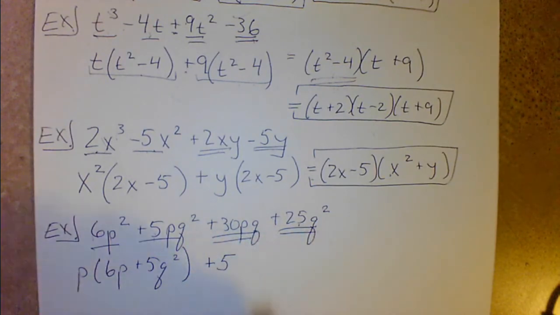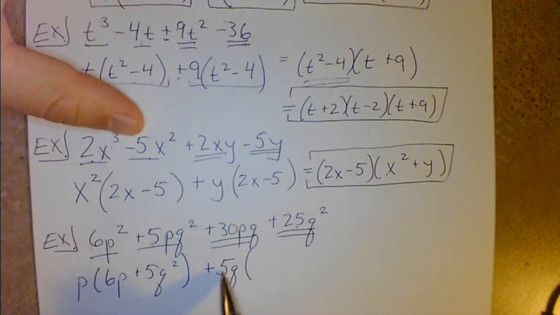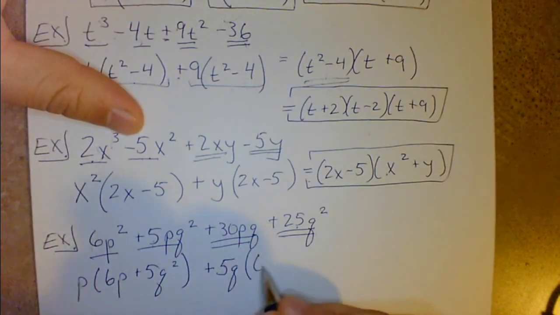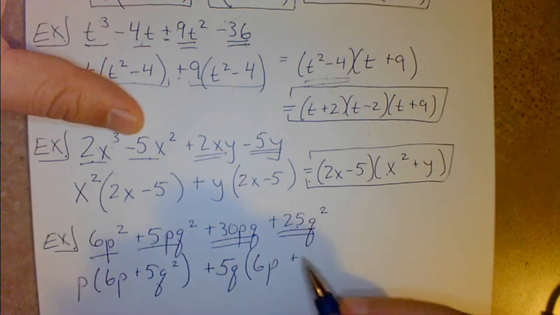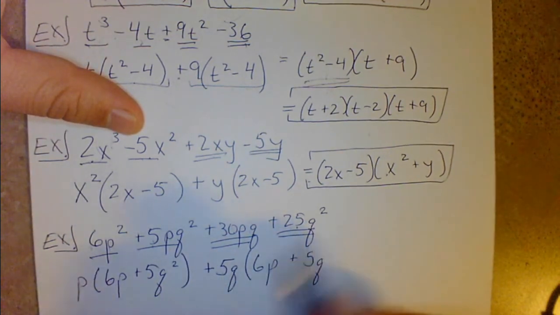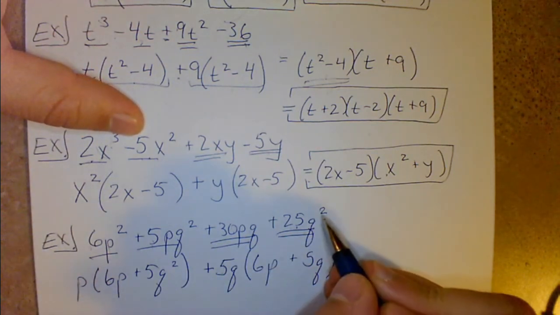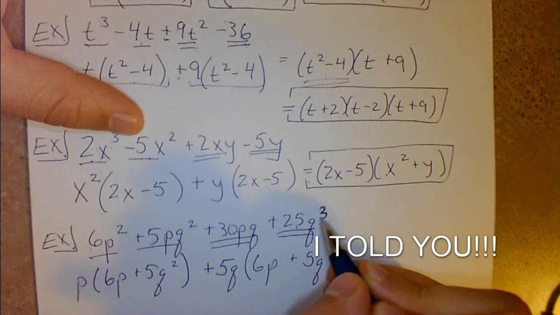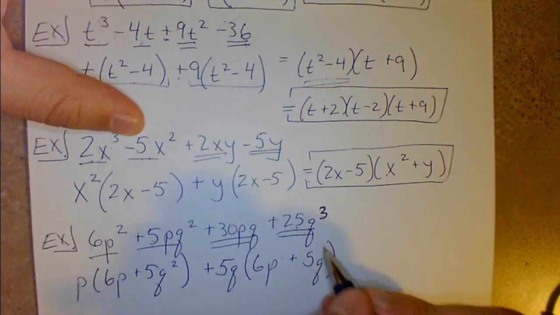They don't both share a p, but they both share a q, so I can pull that q out, leaving me with 30 divided by 5 is 6, and then this p remains, but I pulled this q out, plus when I pull a 5 out of 25, I'm left with 5, and then I pull a q out of q squared, and I get that right there. And I made a mistake when I wrote this problem down. This should actually be a q cubed. My bad. All right, so when I pull a q out of q cubed, I get q squared.